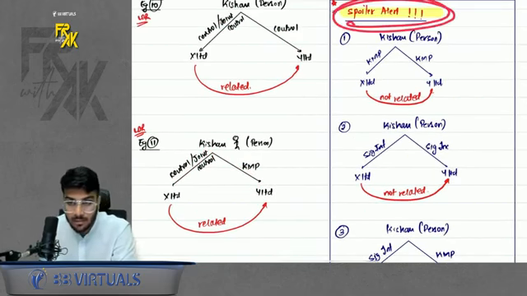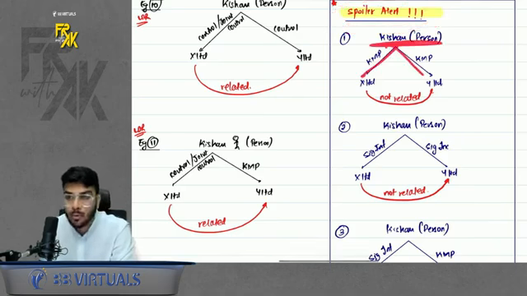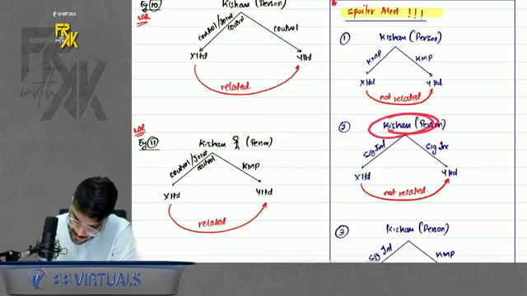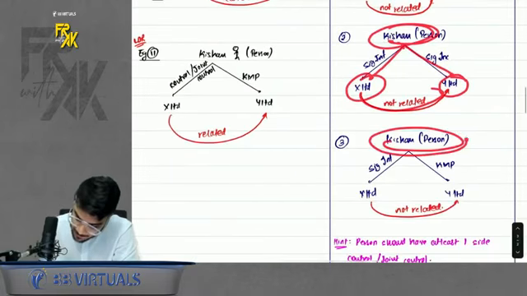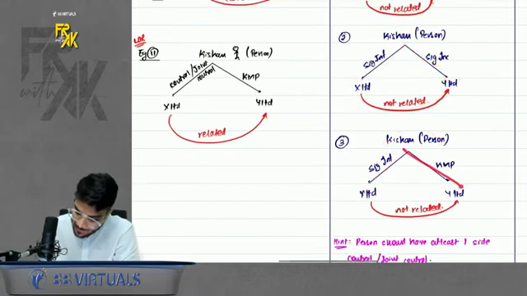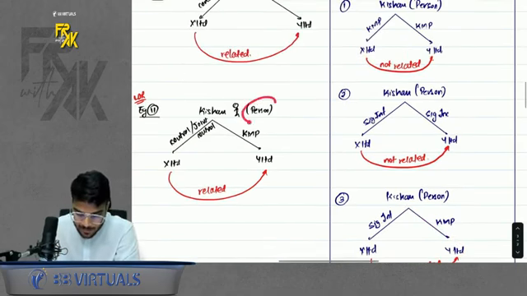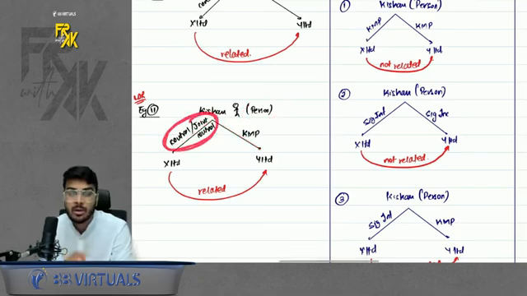Now the spoiler alert, please remember: if this person is only KMP in two companies, these two companies won't become related. If this person has only influence in two companies, these two companies won't become related. If this person has influence in one company and is KMP in another, still they are not related. Sir, how do we remember? It is not confusing. Please remember, when a person has a relationship with two companies, at least one of the relationships should be control or joint control.